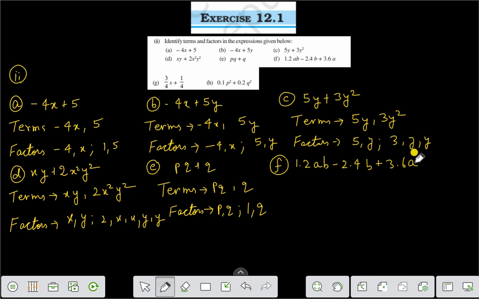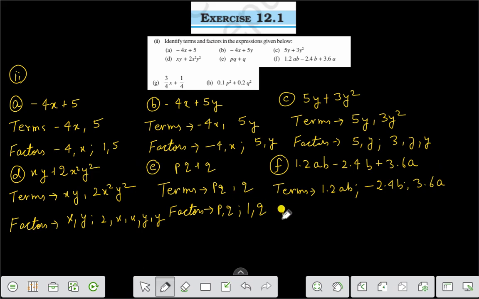Now if we find the various terms, you will get 1.2AB. Another term is minus 2.4B. Another term is 3.6A. Therefore, you will find the factors.